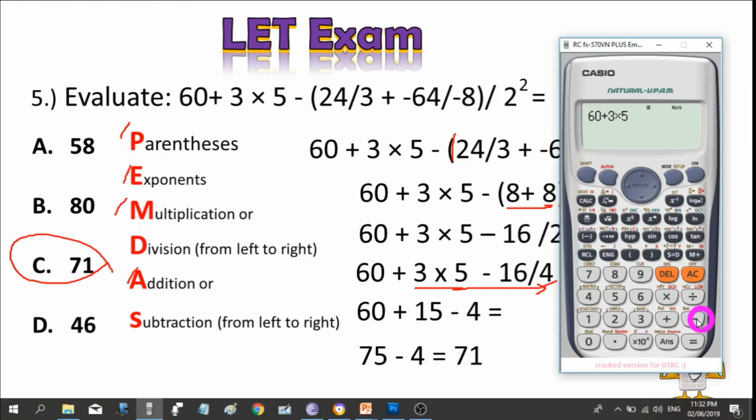So, minus parentheses 24 divide 3 plus negative 64 divide negative 8, then parentheses divided by 2 squared. So equals. So the same answer, which is 71.